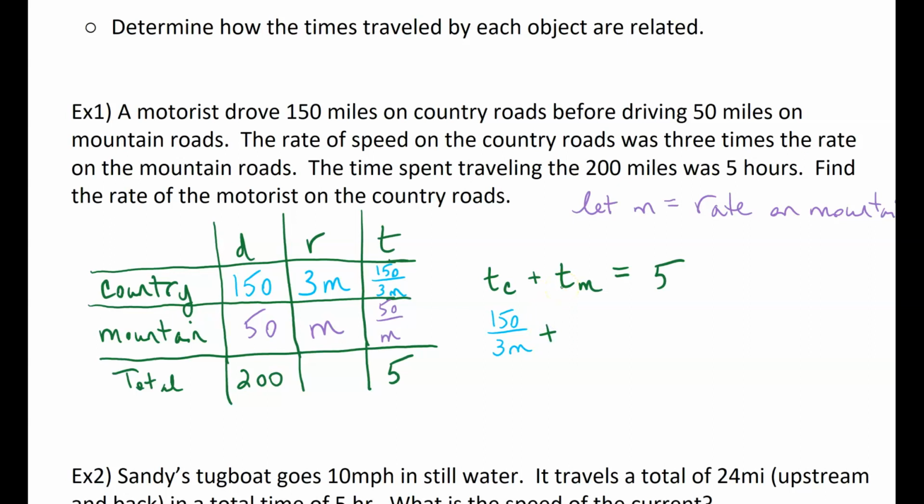My time on my mountain road is 50 over m. And again, they should add up to 5. So now do we just have another rational equation just like we had last class? Yes. Okay. What do we want to do to simplify?